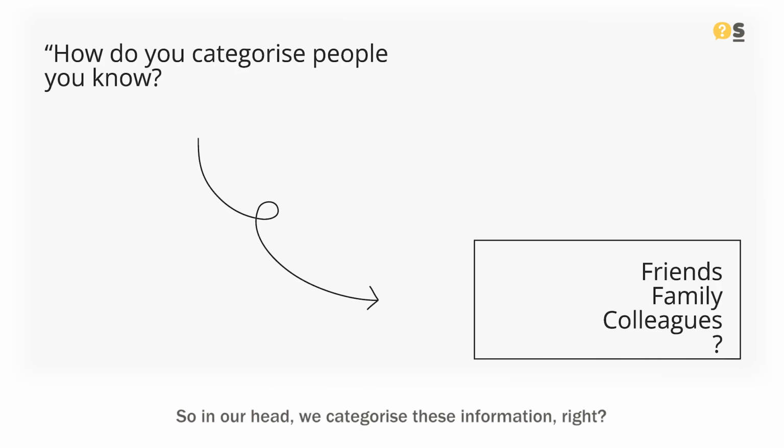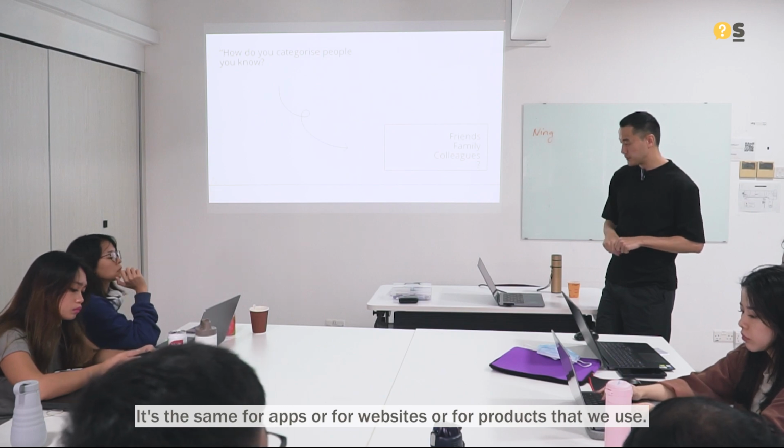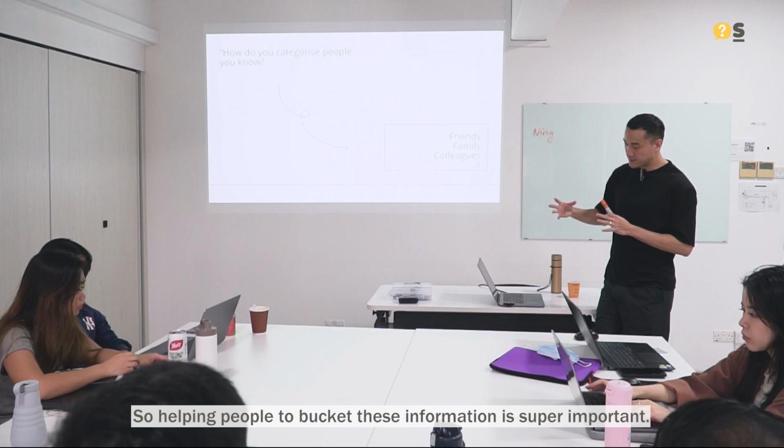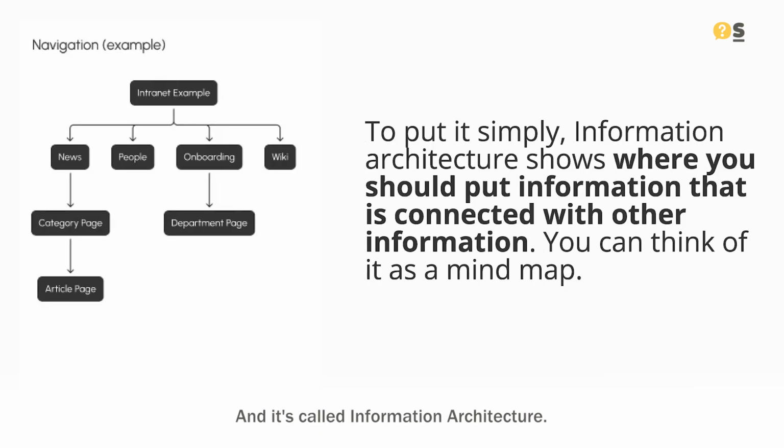So in our head, we categorize this information, right? It's the same for apps or for websites or for products that we use. So helping people to bucket this information is super important, and it's called information architecture.